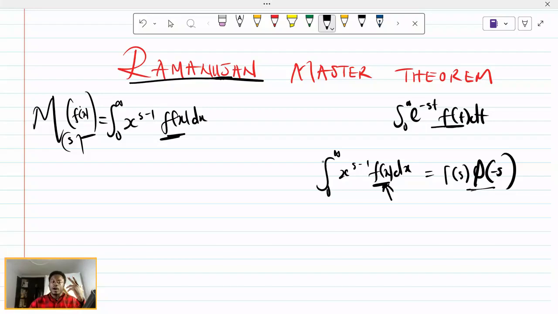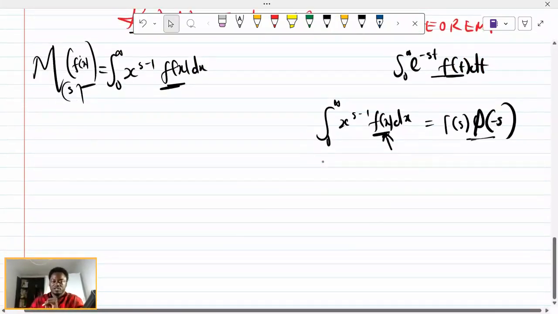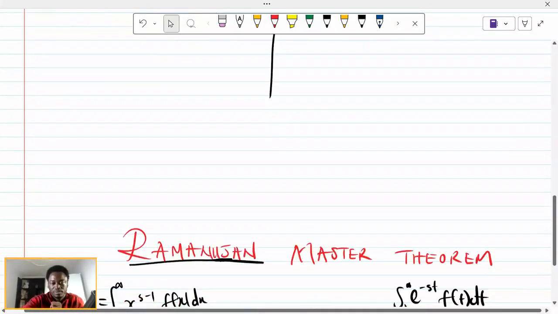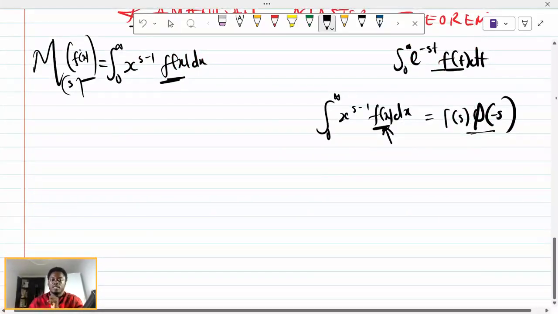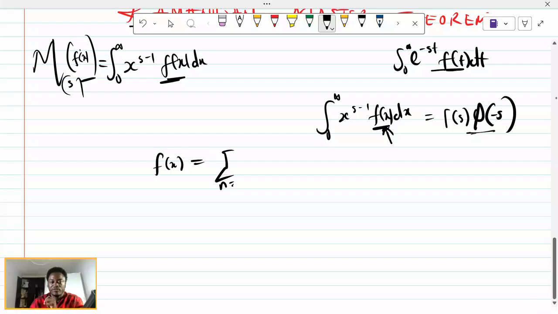Now, this cannot work for every function. You cannot just pick any function and just say, okay, gamma of s, phi of s. No, the function must have a peculiar series expansion. This is how the function should be. The series expansion of f of x should be the sum as n runs from 0 to infinity of phi of n over n factorial, then you have negative x to the n.